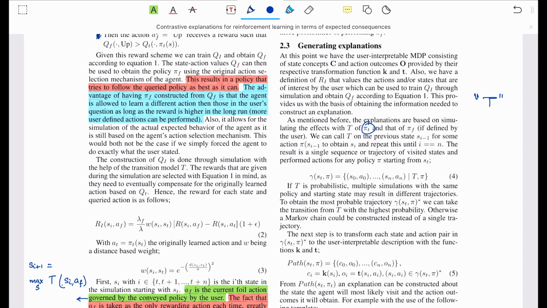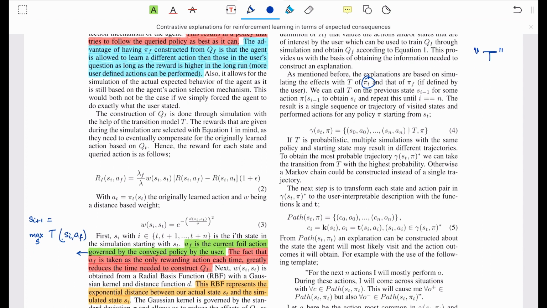What this means is that I'll use this policy pi and the transition function and make many runs, many simulations, and see which concepts become true eventually. We can get, in some sense, a Markov chain, or we can even get a single trajectory depending upon how we simulate. If we take the best action always based on the policy, then we'll end up having a single trajectory. Otherwise, we can always get a Markov chain out of it.